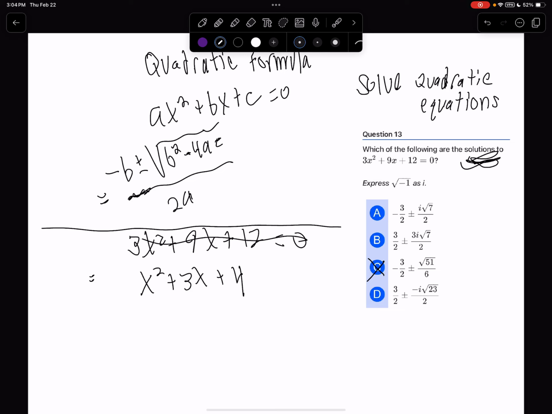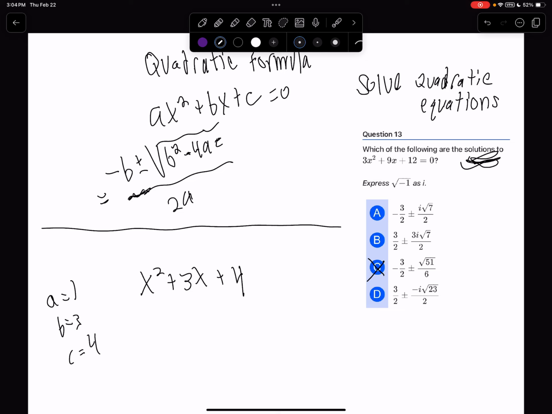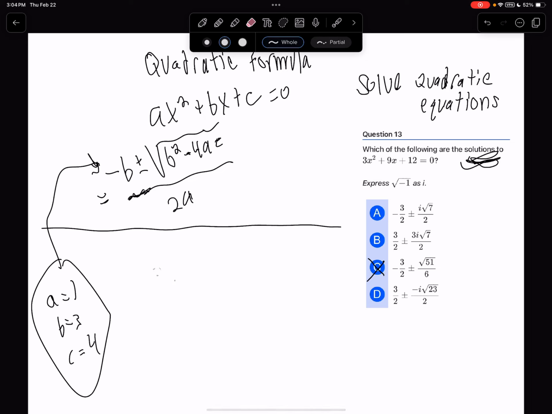Let's use that because it's the same thing, right? It's just smaller numbers. My a now is 1. My b is 3. And my c is 4. A little bit easier to work with these numbers. And we're going to use these numbers in this formula, and then we'll get our 2 answers. So I'm going to just delete that for now.